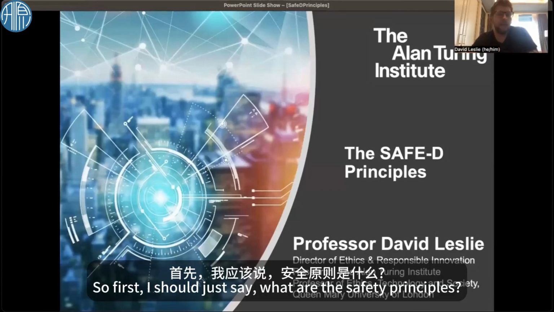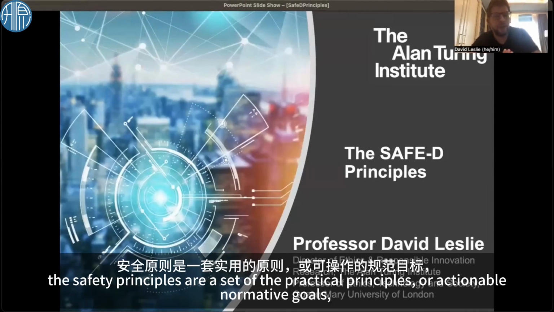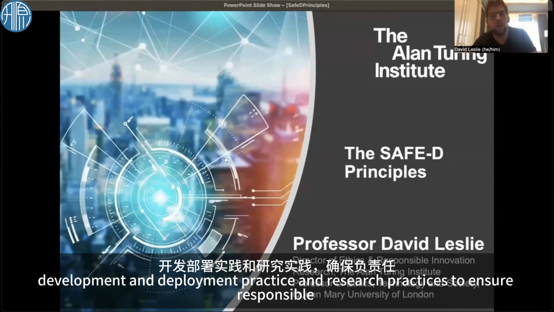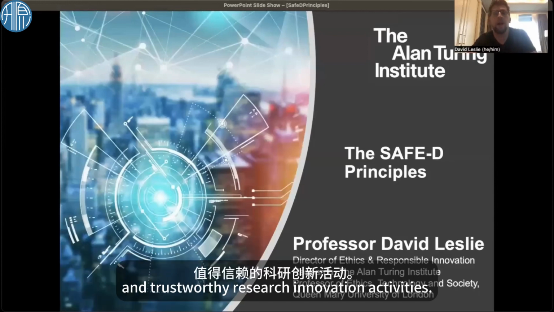First, what are the safety principles? The safety principles are a set of practical principles or actionable normative goals that can be operationalized within AI design, development, and deployment practices and research practices to ensure responsible and trustworthy research and innovation activities.